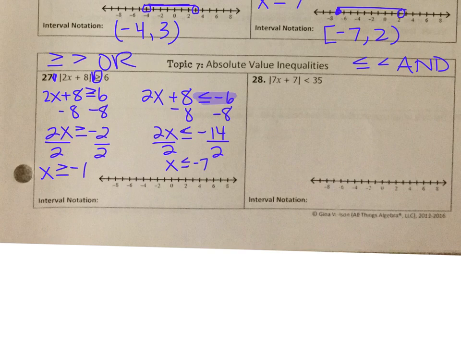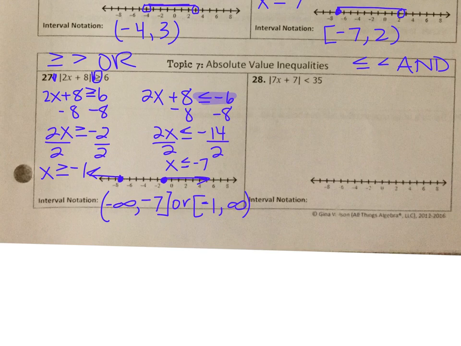Okay, we know it's going to be an or. So solid circle on negative 1, going that way. Solid circle on negative 7, going that way. Interval notation, negative infinity, negative 7, bracket, or bracket, negative 1, infinity, parenthesis.